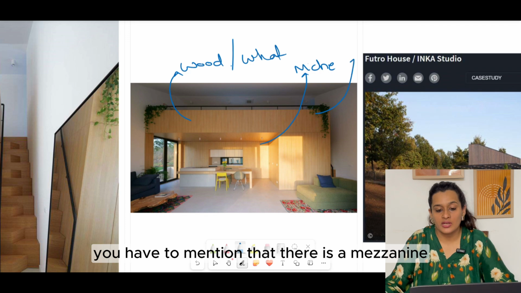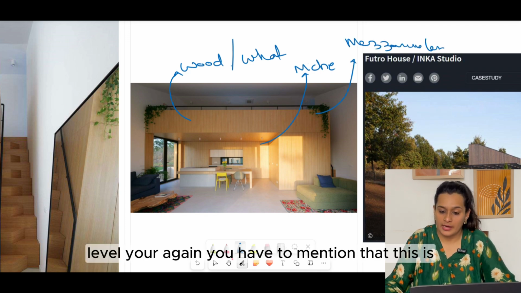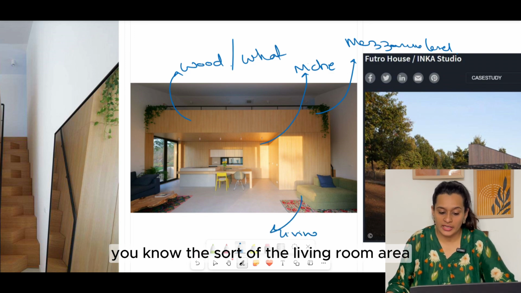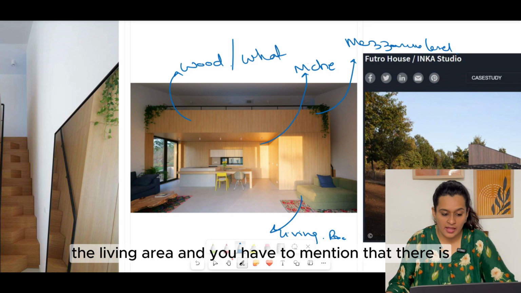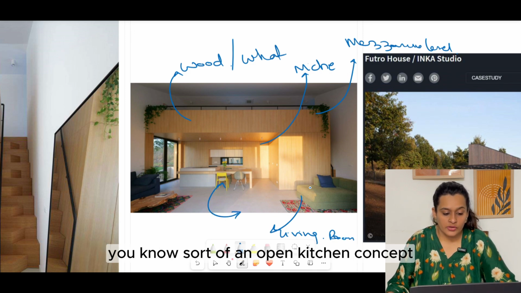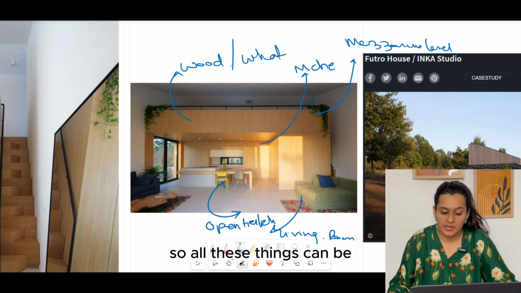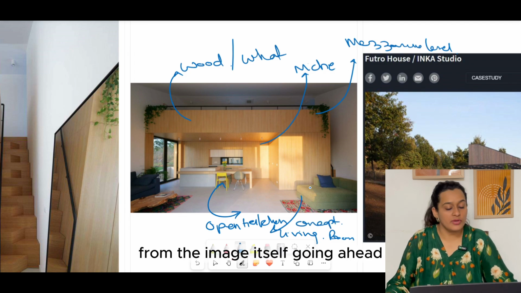You have to mention that there is a mezzanine level here. Again, you have to mention that this is the living room area, and that there is an open kitchen concept. All these things can be very well analyzed from the image itself.